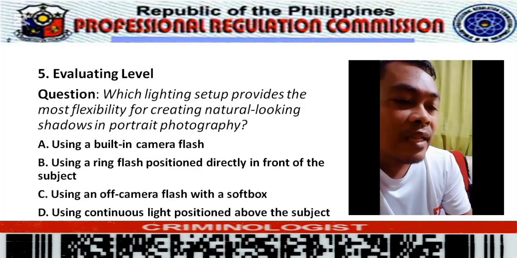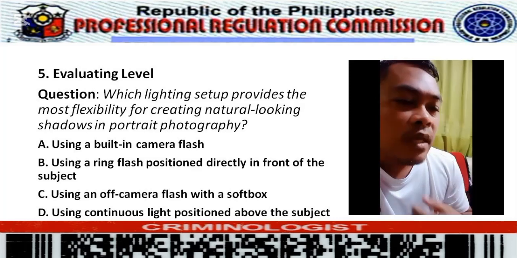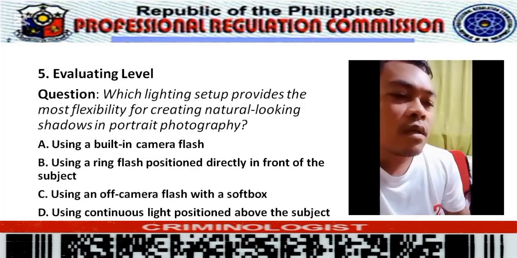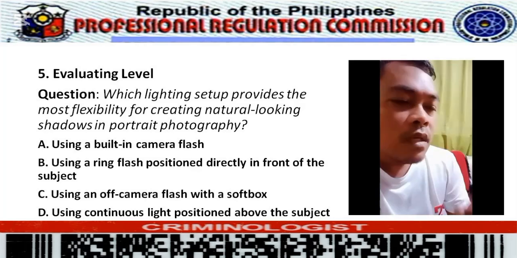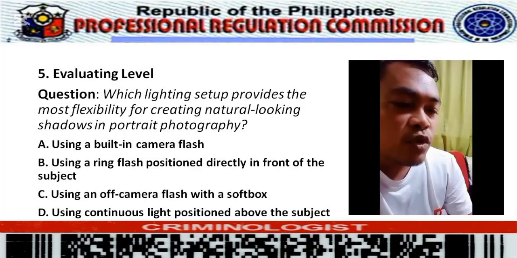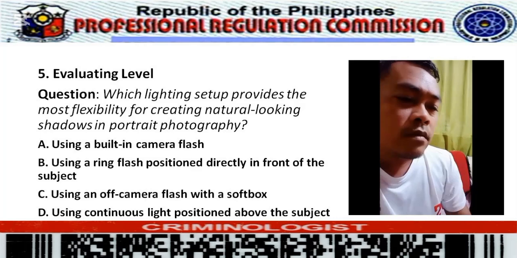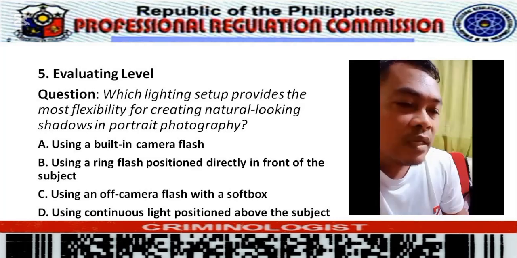For option letter B, that is incorrect because using a ring flash positioned directly in front of the subject can minimize shadows by evenly lighting from the front, but it lacks depth. That's why option letter B is incorrect.